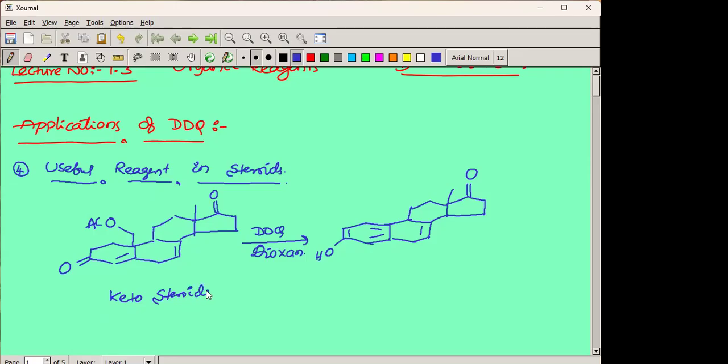Ketosteroids convert into alpha beta unsaturated ketones, steroidal ketones. This reaction will take place. So alpha beta unsaturated ketone.